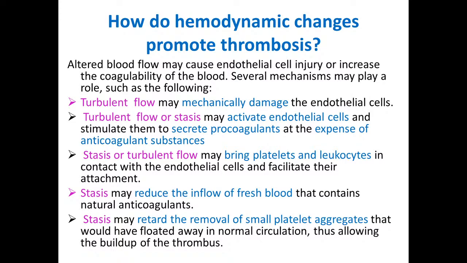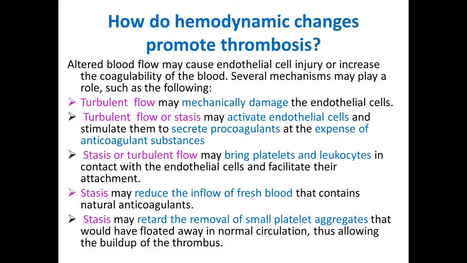How do hemodynamic changes promote thrombosis? Altered blood flow may cause endothelial cell injury or increase the coagulability of the blood. Several mechanisms may play a role, such as the following.